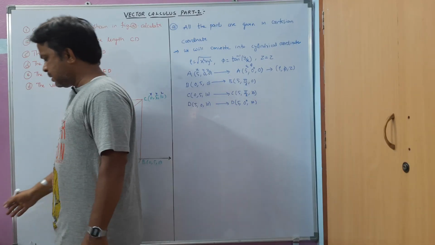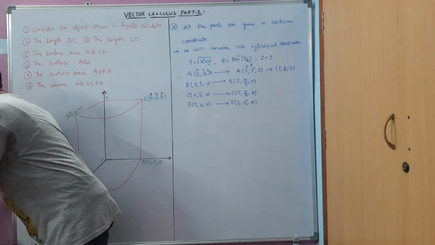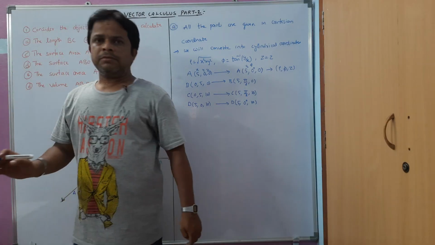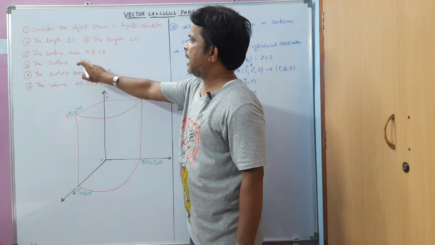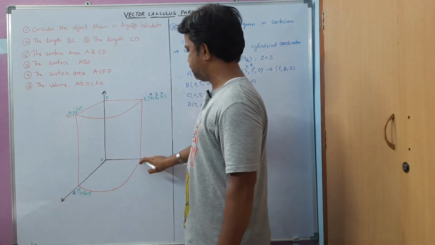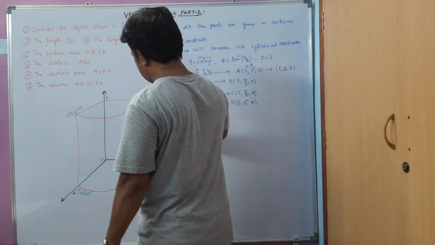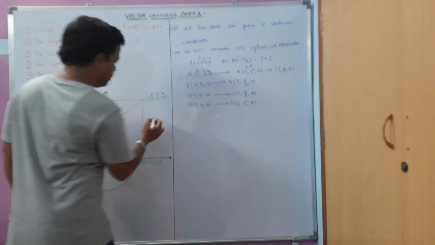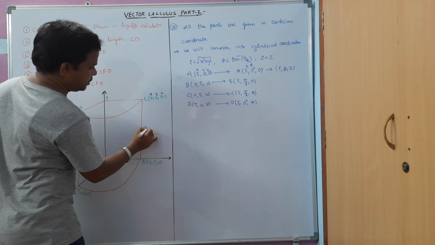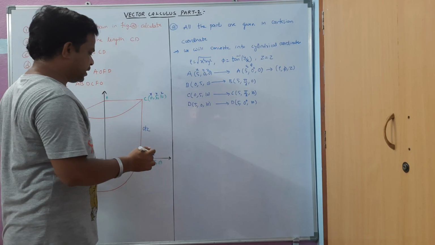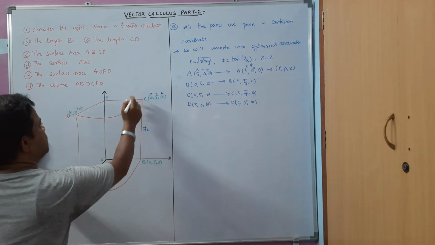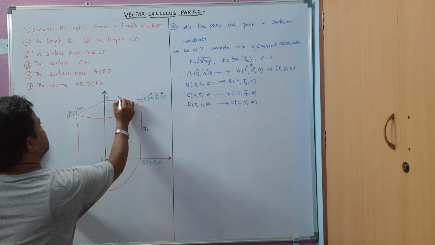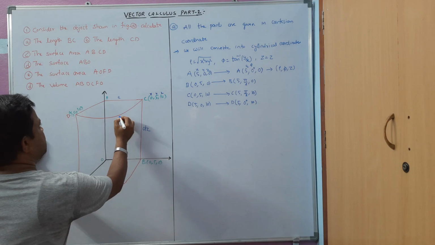Now let us take the first problem, where we have to find the length of BC. It is along the z axis, so the differential displacement will be dz. This curvature we are having is along the rho axis.